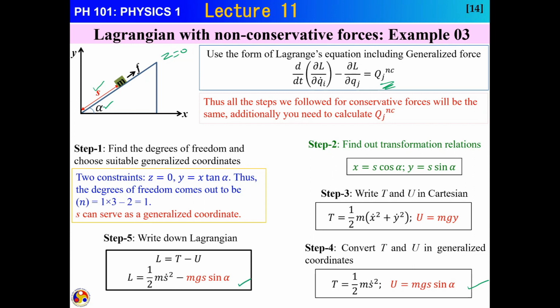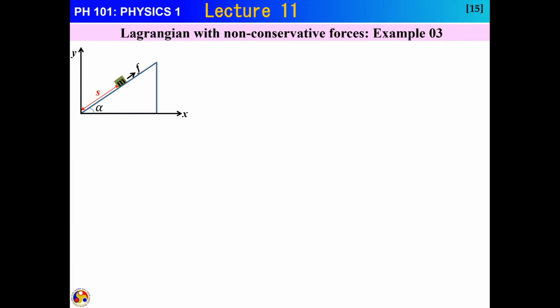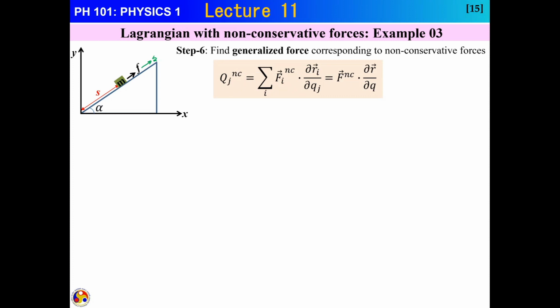I think up to here you don't have any difficulties, but now we have to go on placing this non-conservative force. Now which side is the force acting upon? So let's go back. The frictional force is acting along the s direction here. Therefore, the sixth step is to find the generalized force corresponding to this non-conservative force.